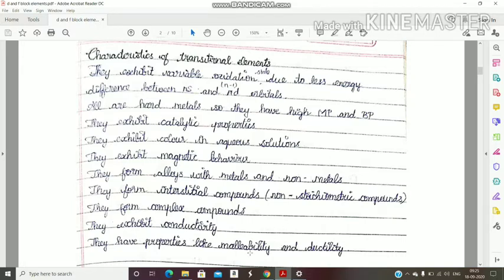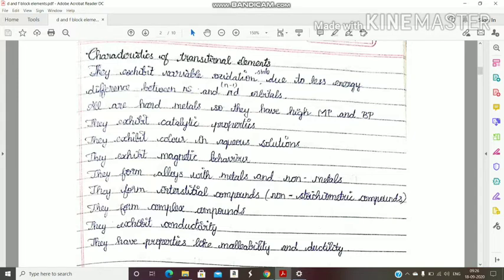For example, gold. So gold is a stable metal. Even though it is stable, by using gold we can make rings, chains. So that is the example for malleability and ductility. So all these are characteristics of transitional elements.